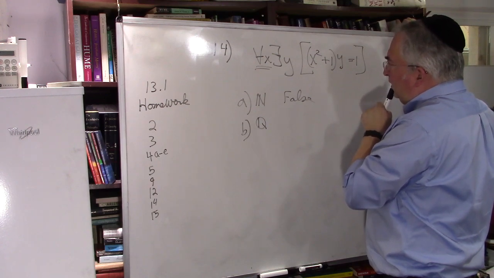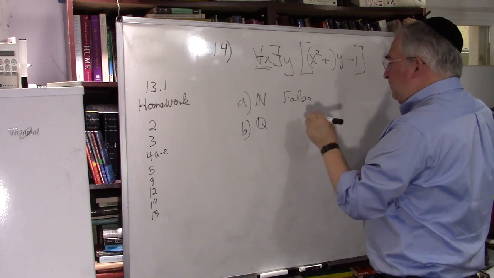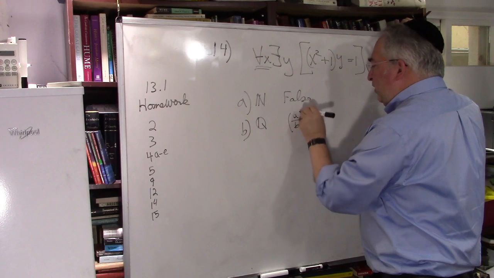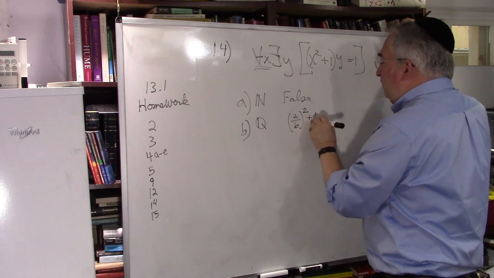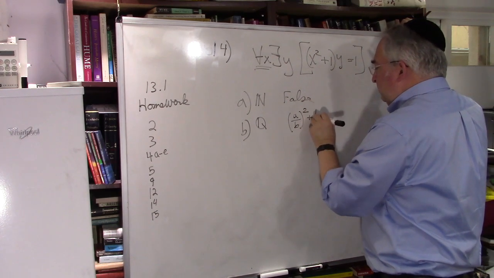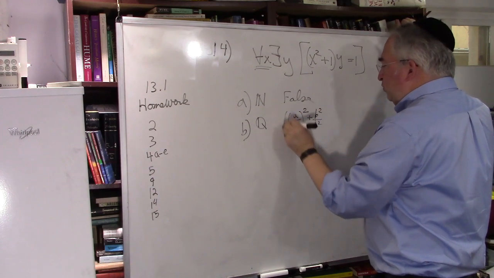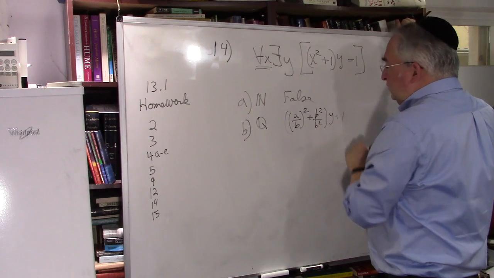Now let's do it in general. We have a over b, squared plus 1. Let's write this as a squared over b squared plus b squared over b squared, times y is equal to 1.